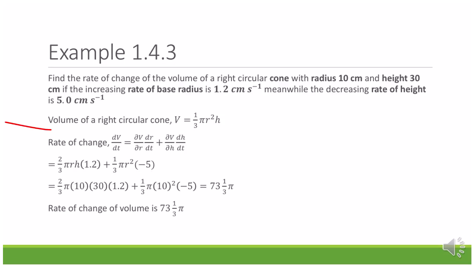Here is an example of an application of how you can use differentiation to find the rate of change. So here is how to find the rate of change of the volume of a right circular cone. We have radius r and height h. The increasing rate of the radius is considered as dr/dt, and the decreasing rate of the height is called dh/dt.